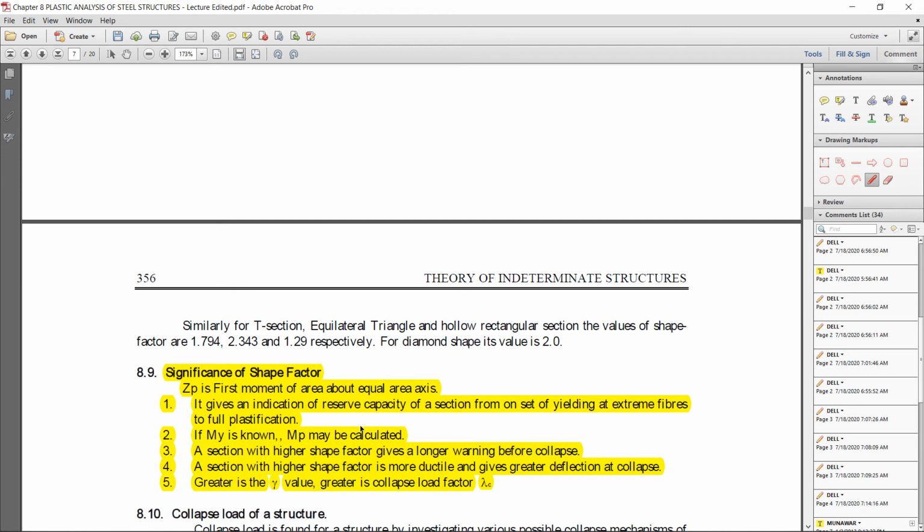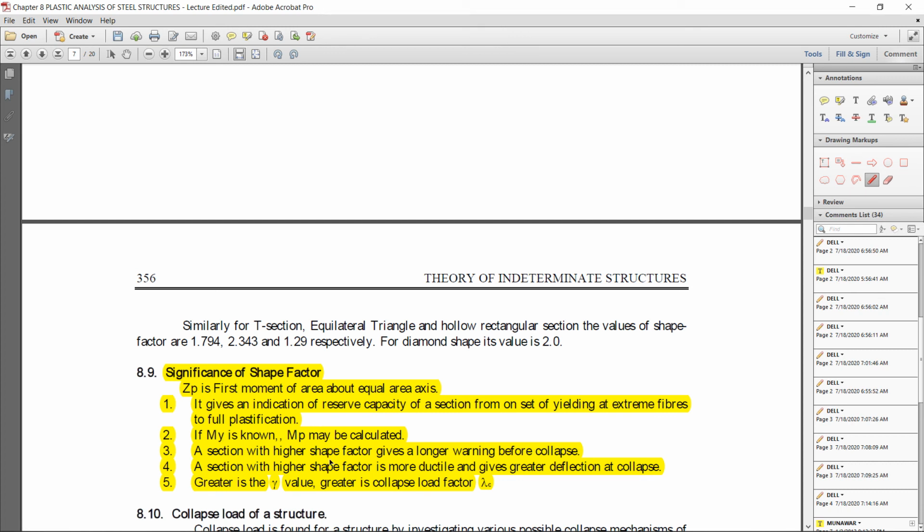So we got this idea from shape factor. If My is known and we also know the shape factor for a section, we can easily calculate Mp, because it's a ratio. Shape factor is a ratio. If we know one value, we can easily get the other value.